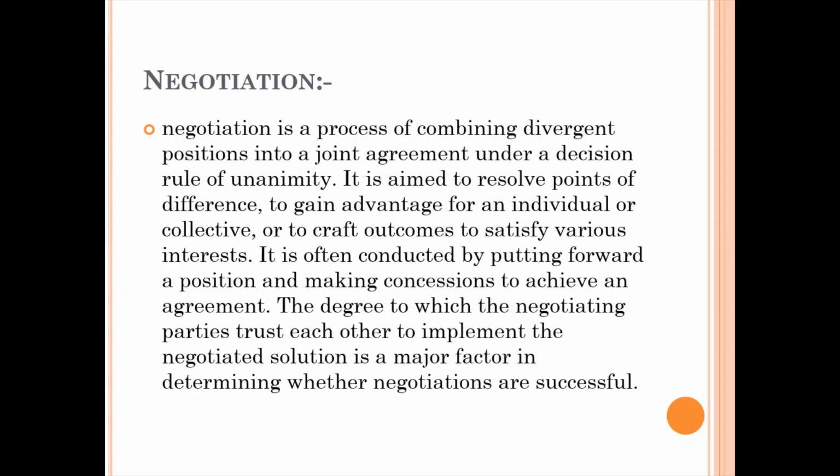Now the second topic is negotiation. As we all know, negotiation is to reach a point on which both the disputant parties will agree, or try to find better solutions on which both the parties agree. Negotiation is a process of combining divergent positions into a joint agreement under a decision rule of unanimity.